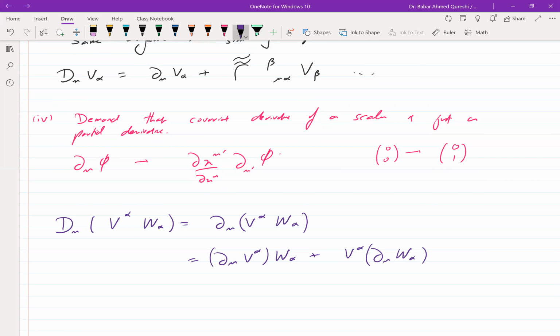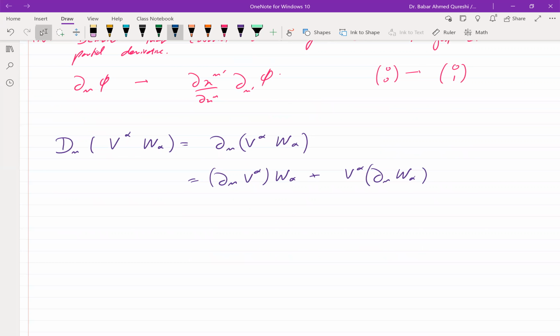But now, because I have already demanded that I should have a Leibniz rule, on this side I can use the Leibniz rule. Over here, it becomes just a partial. But here I can now start using my formulas.